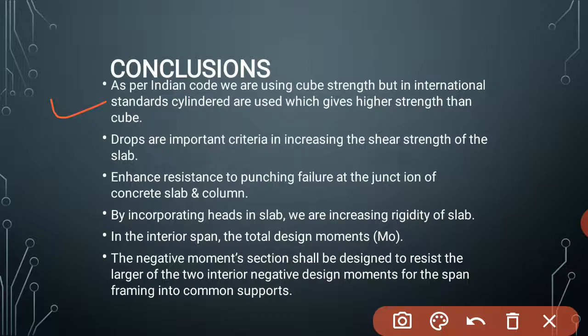If you have to check the compressive strength or tensile strength of concrete, we cast cubes of 15 centimeter by 15 centimeter by 15 centimeter dimensions and then go for the tests on those cubes. But international standards use cylinders because they give higher strength than the cubes.